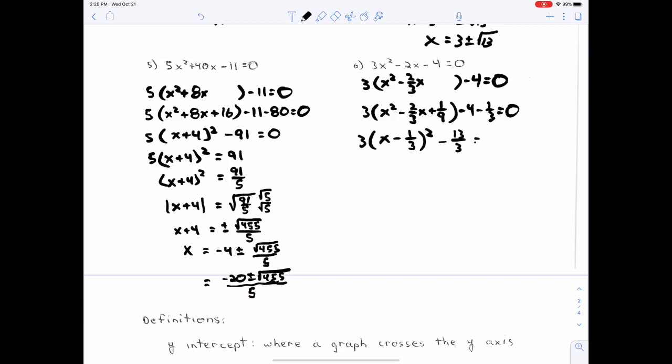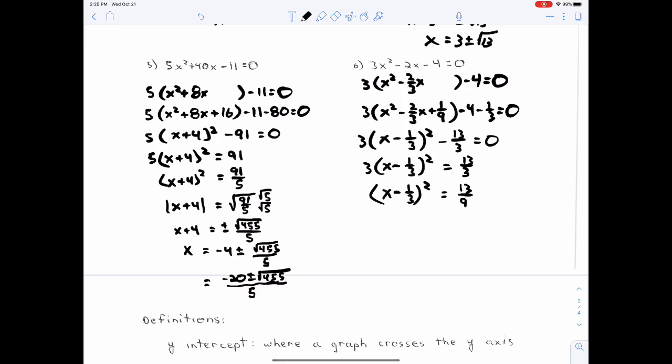Okay, so let's solve it. Let's bring over the 13/3. Divide by 3. If you divide by 3, you just put a 3 in the denominator, so that becomes 13/9.